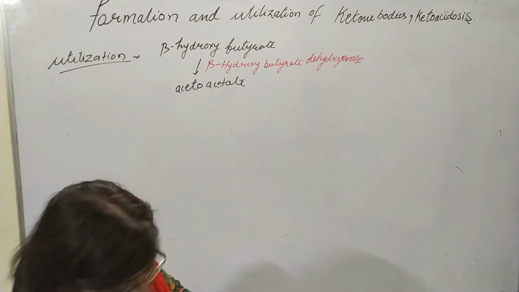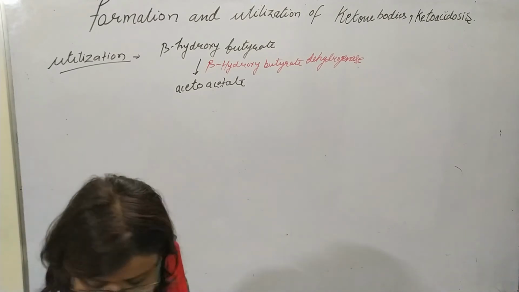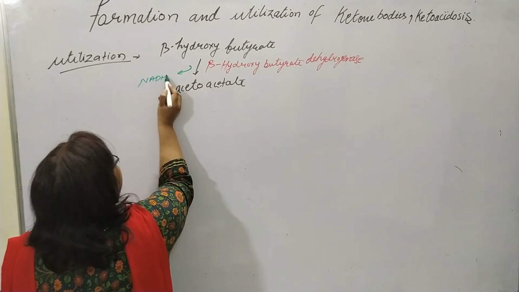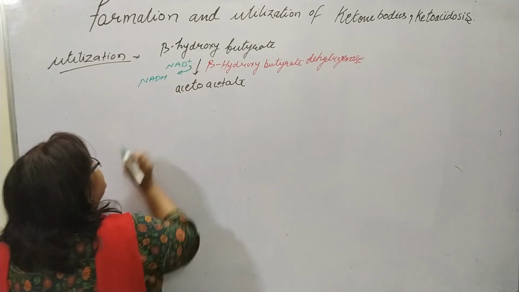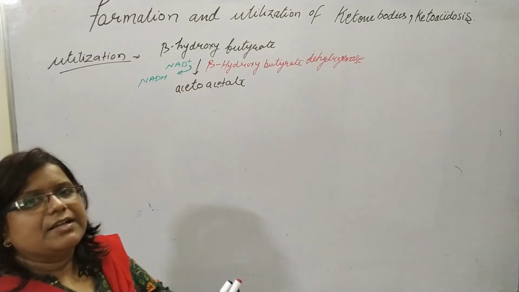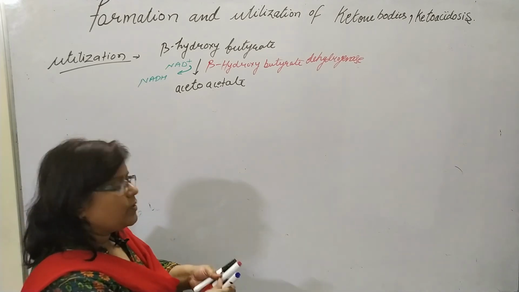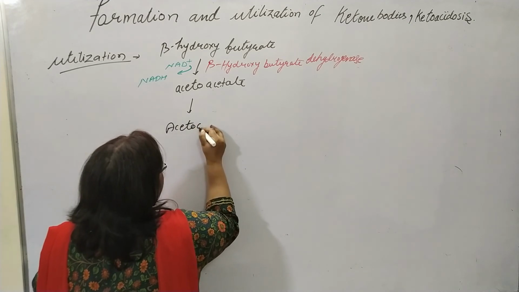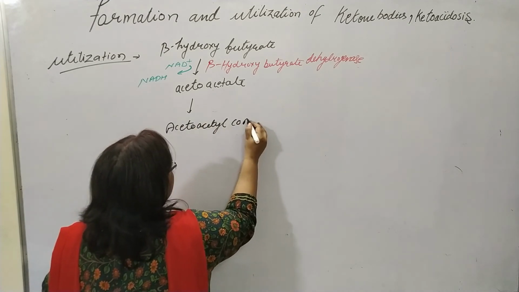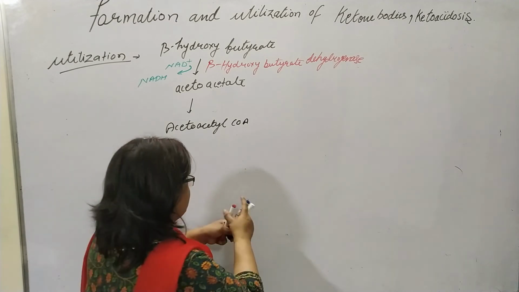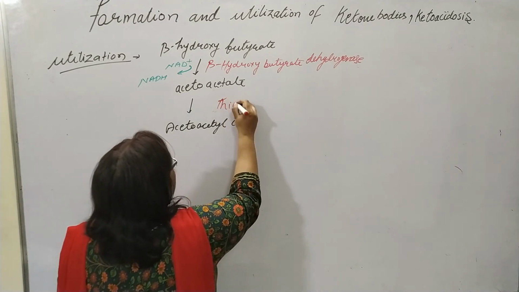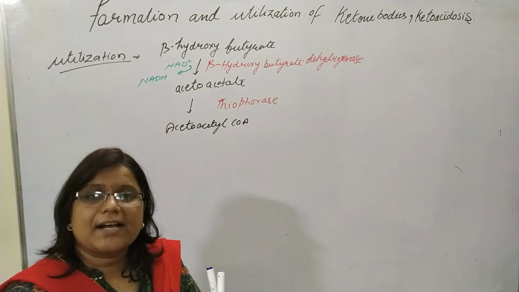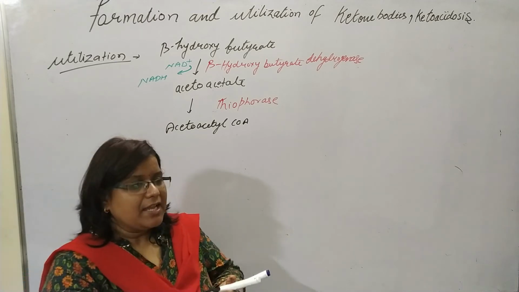Here the energy is generated: NADH is released in the presence of NAD. Acetoacetate is then converted into acetoacetyl coenzyme A in the presence of thiophorase, and this enzyme is absent in the liver. That's why the liver cannot utilize ketone bodies as an energy source.